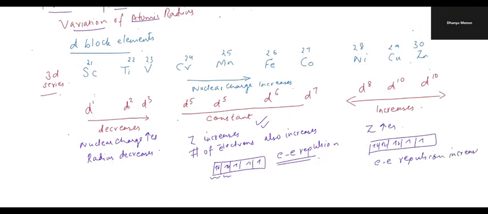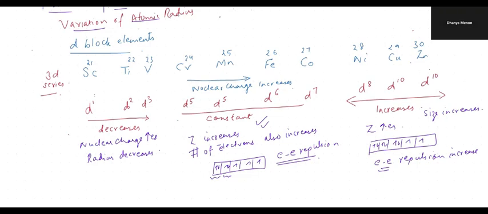So who dominates? The electron-electron repulsion dominates. So what happens to the size? Size increases. Okay, so this is the reason for a different behavior for this series, the D block elements. That is why they are behaving in a different way.